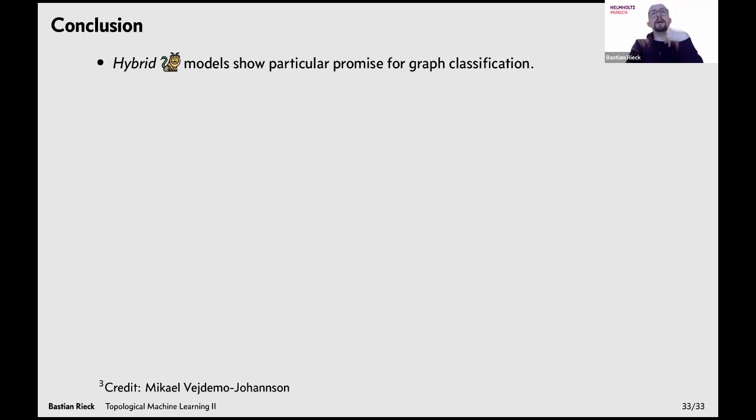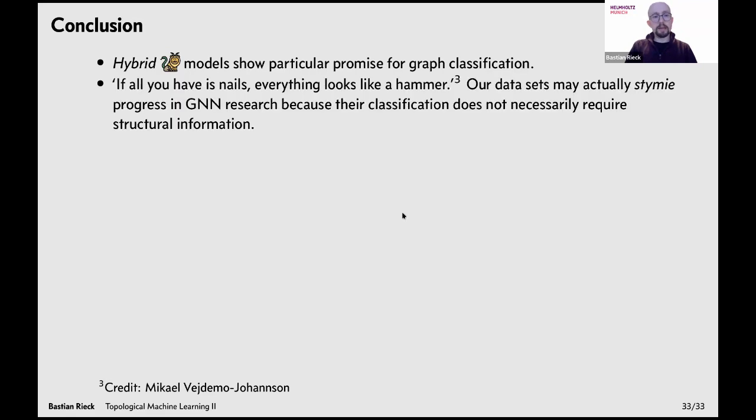For instance, the paradigm of topology that increases expressivity, and the paradigm of message passing, which is conceptually very elegant. So these types of hybrid models, I think I've demonstrated that they show particular promise for graph classification, because they can literally leverage the best of both worlds in an ideal case.